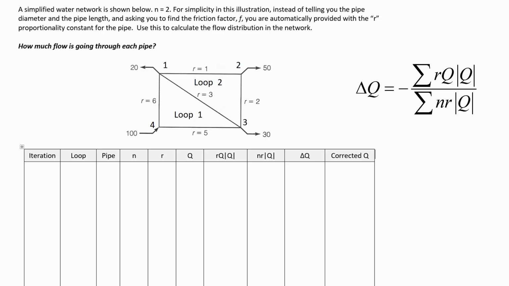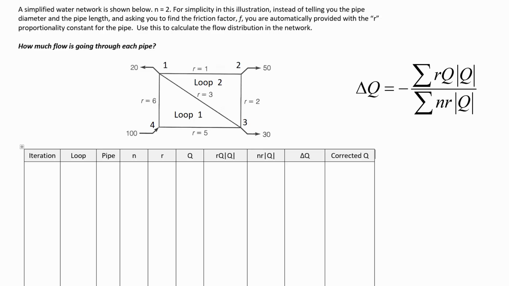Pipe 1-4, positive or negative 70? Because here we're looking from the perspective of loop 1. We're in loop 1 right now. If we were looking in terms of loop 2, it would be negative, right? So that one in the middle, pipe 1-3, is a little tricky because its direction changes depending on which loop you're in.